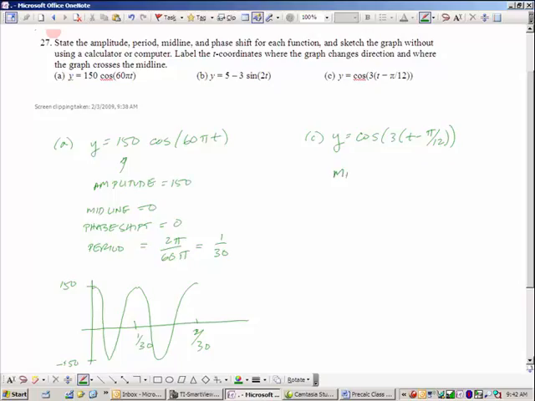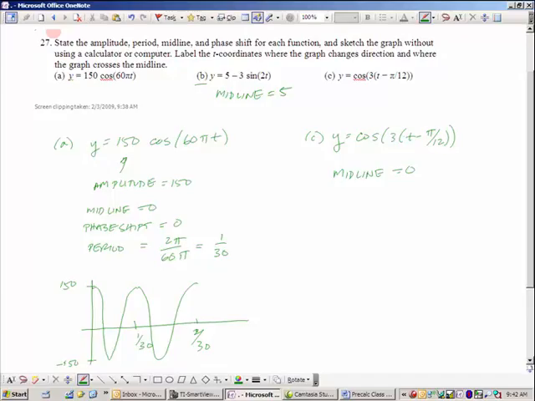Say it like it's not Jeopardy. Midline 0. Hey, just out of curiosity, in B, what's the midline here? 3 or 5? Which one? 5. Okay. I was just checking. I'm quizzing you. It's not hard. It's tricky because it's not in the order that we're used to seeing it. All right, back to C.